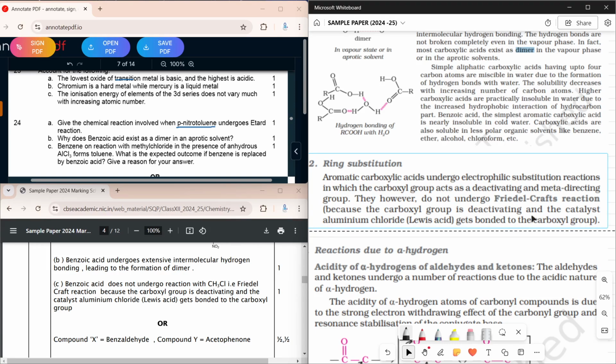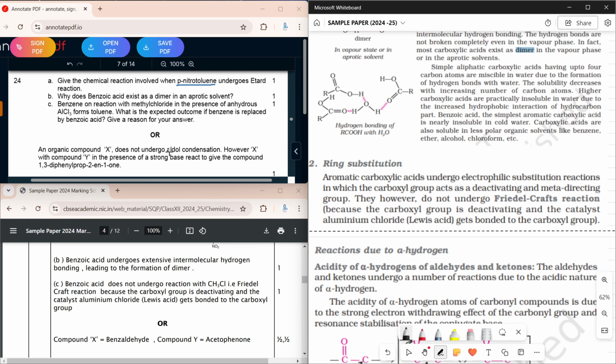Because of these two reasons, it does not undergo Friedel-Crafts reaction. So as long as you mention these two reasons, you should be fine. Okay, and I'm pretty sure Friedel-Crafts reaction is in the chapter haloalkanes and haloarenes. If I'm not wrong, it's one of the preparation methods of haloarenes. Again, you can for sure correct me. It's perfectly fine.